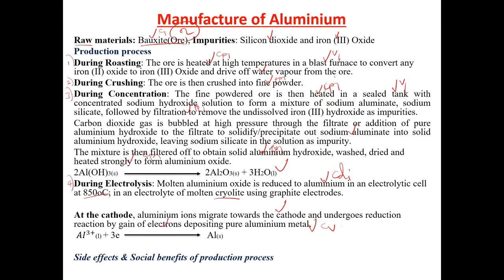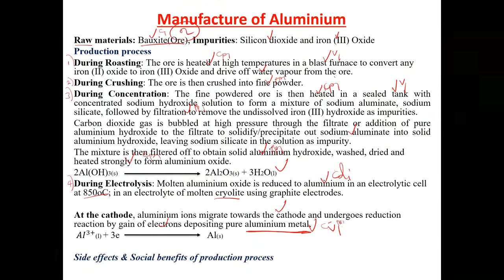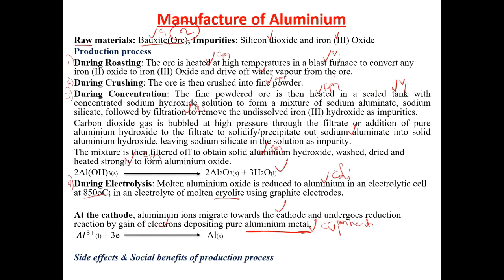So the conversion is there. We can see that we have managed to get our aluminium, and then we can add that it can undergo a purification process, and in that case you are able to get all your scores.